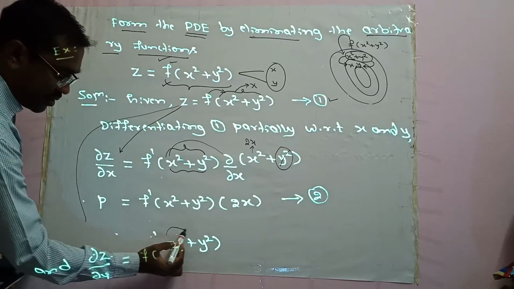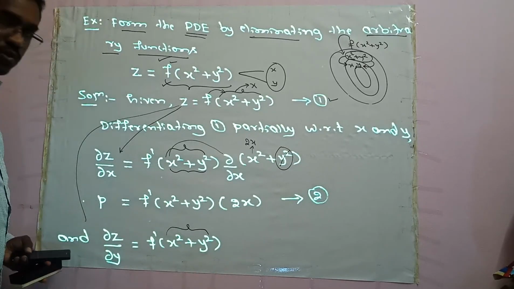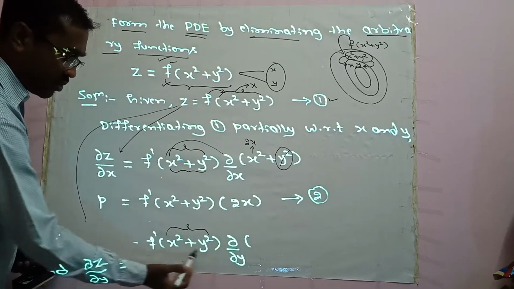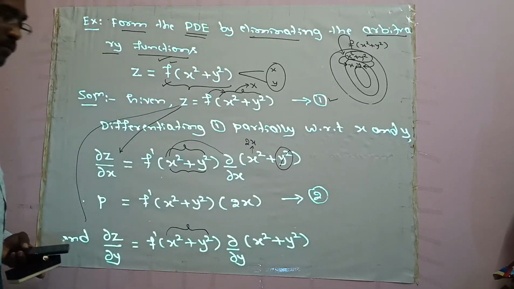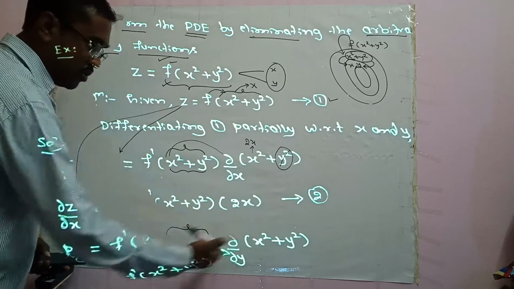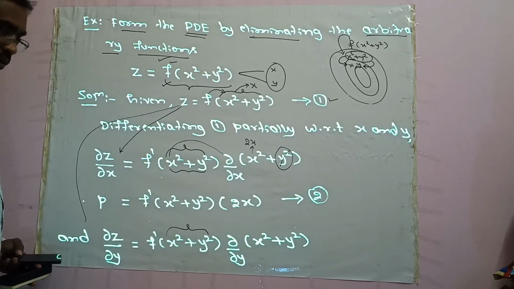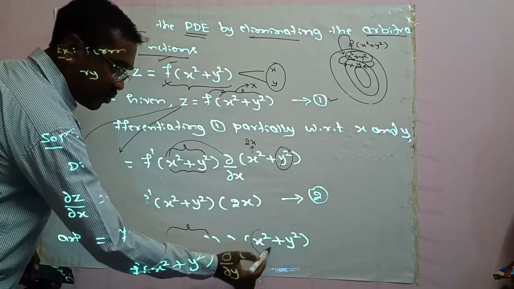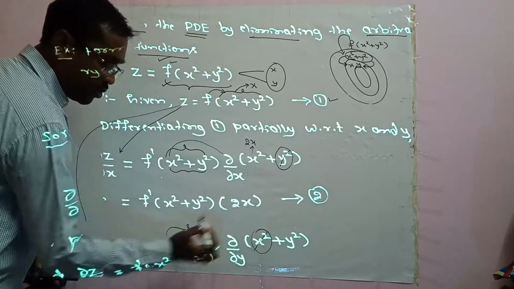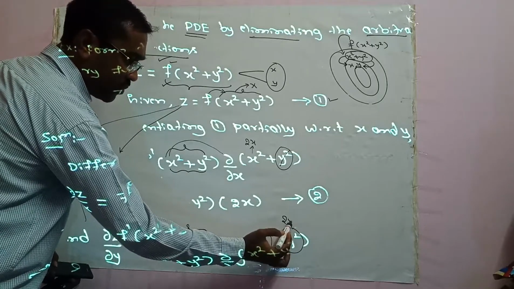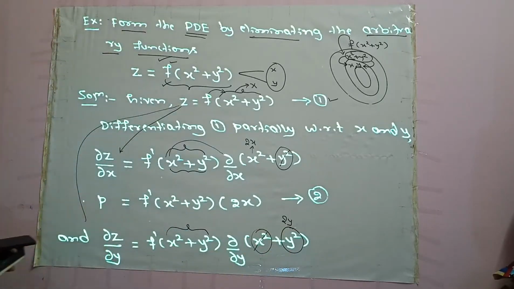Now we differentiate this with respect to y: dou by dou y of x square plus y square. What is the differentiation of x square with respect to y? 0. Differentiation of y square will be 2y.